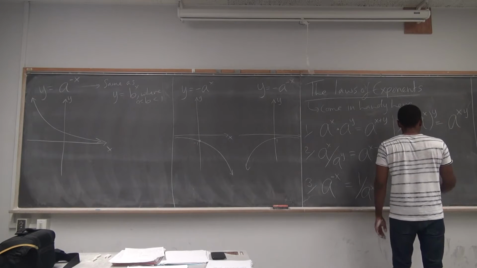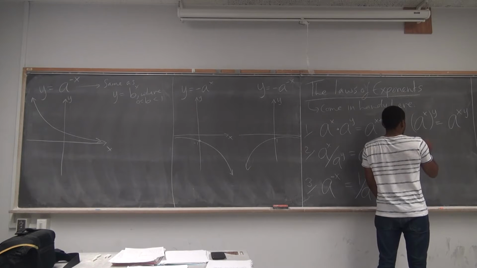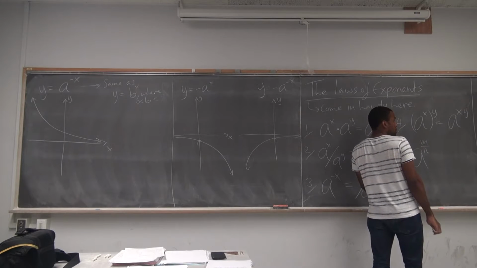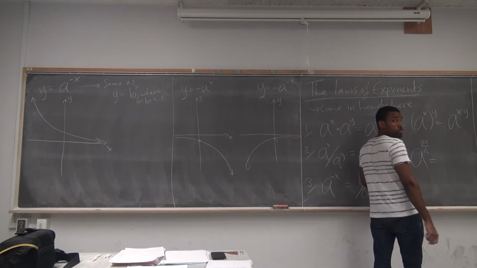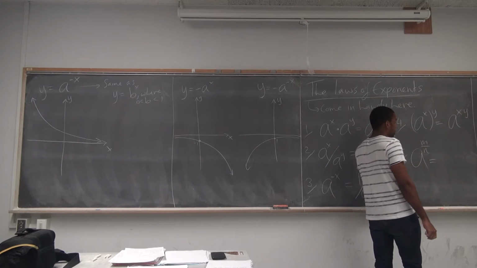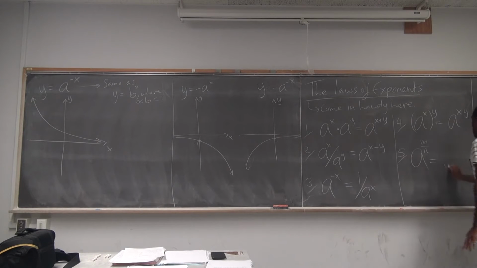Another one. What if I have a base and I have a fraction in the power? It's a radical. That is the radical sign. There's a radical, a, and what does the m and the n do? m is the exponent, n is the root.